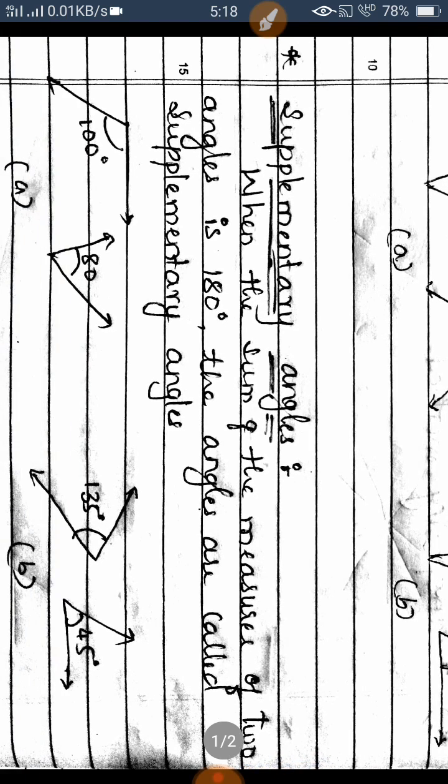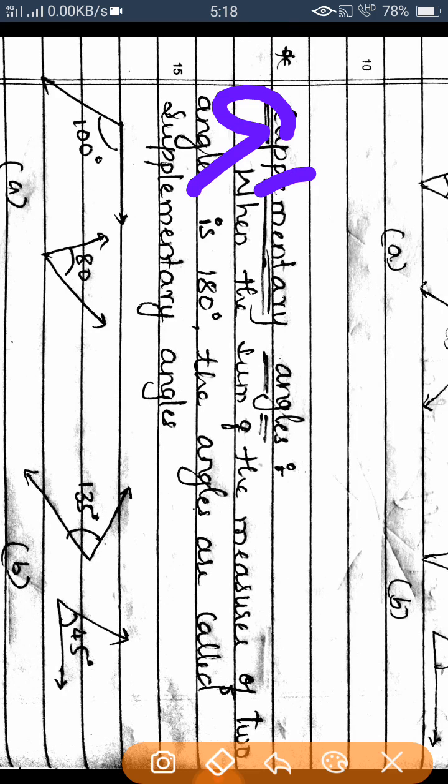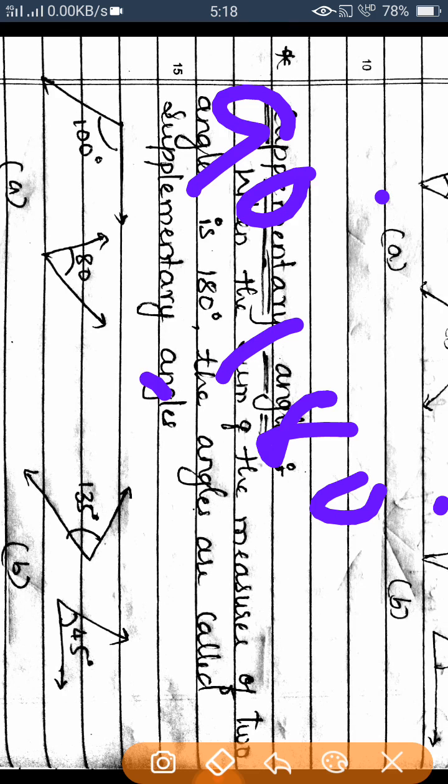Next, the pair of angles called supplementary. There are very basic special angles: 90 degrees, 180 degrees, and 0 degrees.